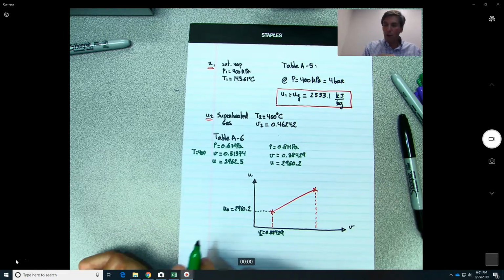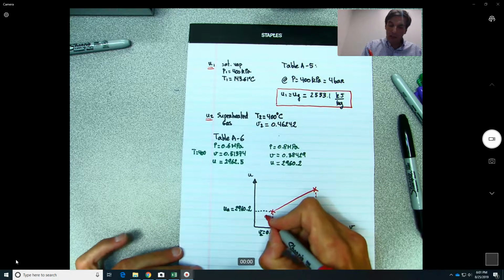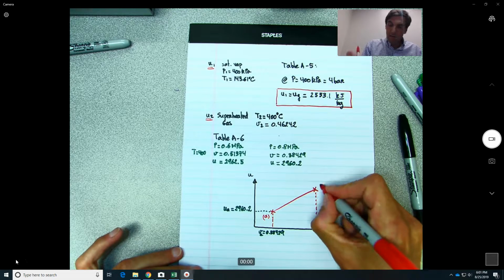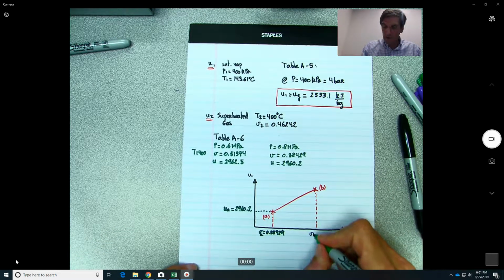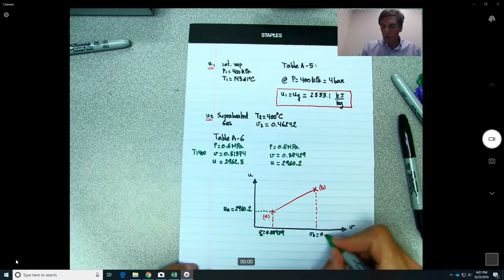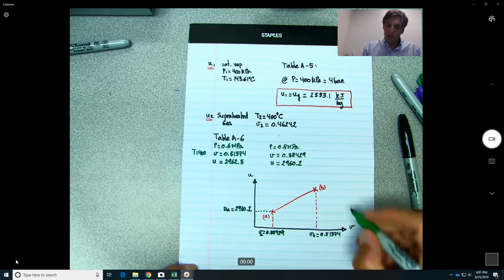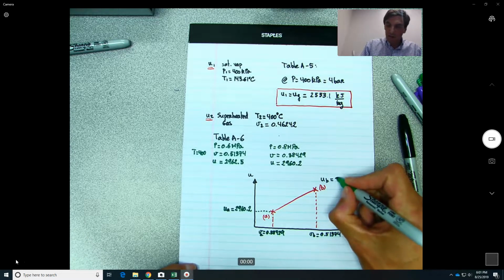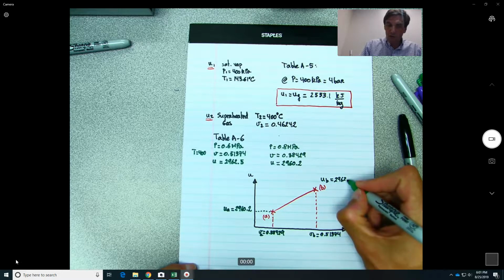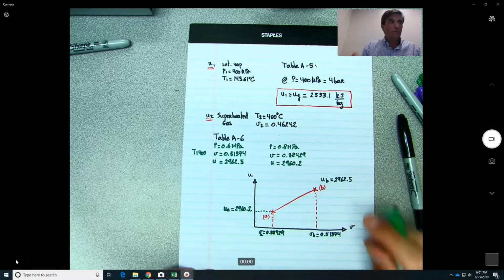At point B over here, we have V sub B equal to 0.51374, and U sub B over here is 2962.5.